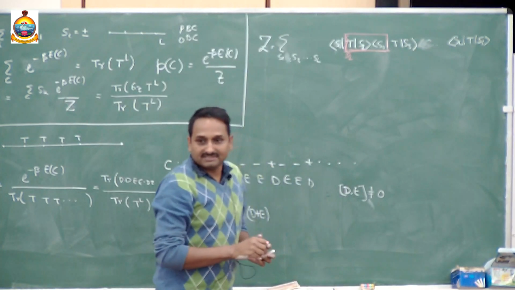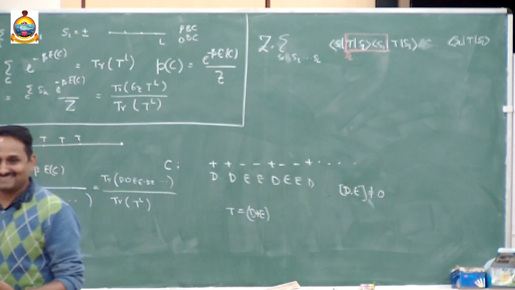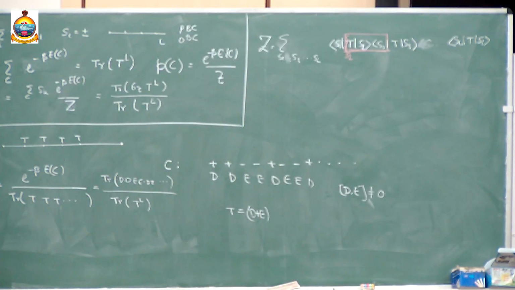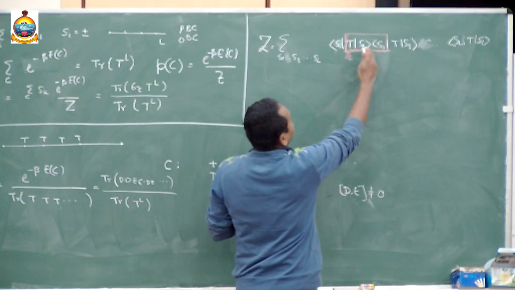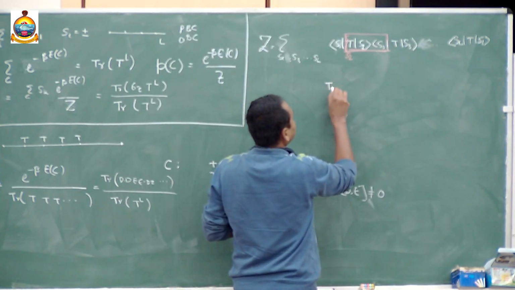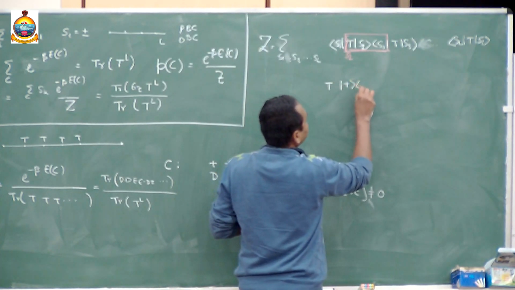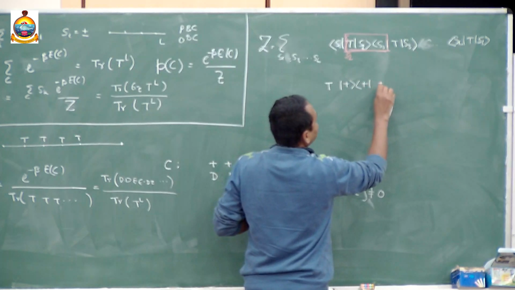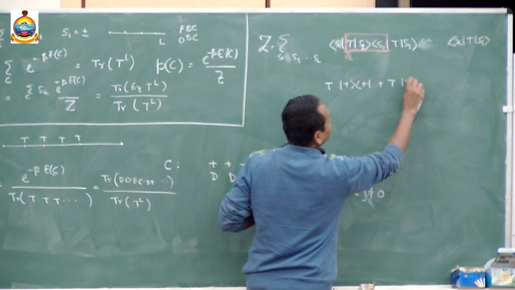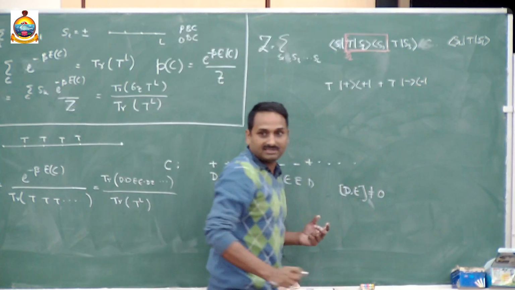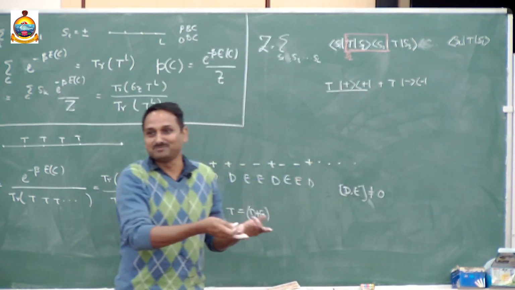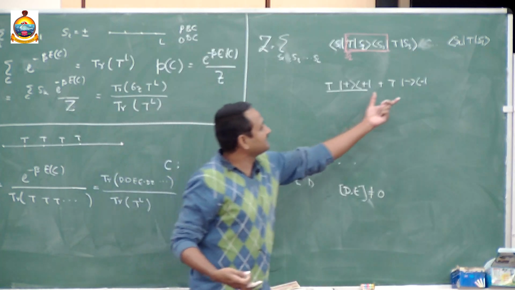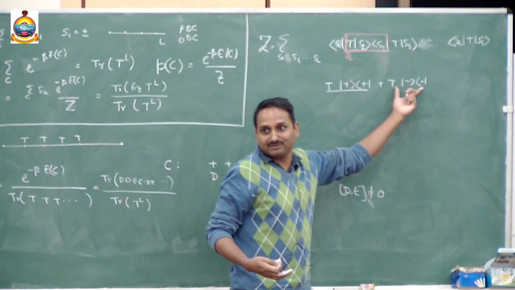This is still T times the identity matrix; this is the way you calculate. S2 has two parts, so this is T plus-plus plus T minus-minus. This you can call D, because it is coming from the plus part. This is coming from the minus part; you can call it E.